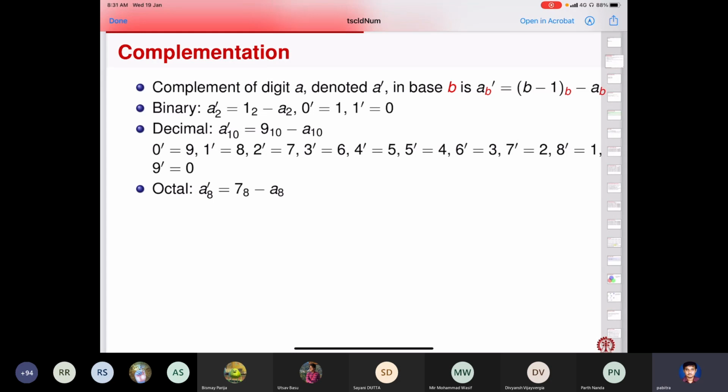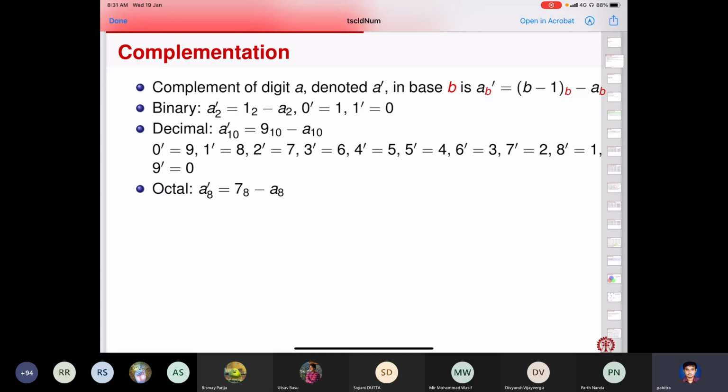B minus 1 is the largest digit you can have, and the complement of a digit A is just A subtracted from the largest digit. For example, in decimal, if your digit is 2, its complement would be 7, since 9 minus 2 is 7, and 9 is the largest digit you can have.